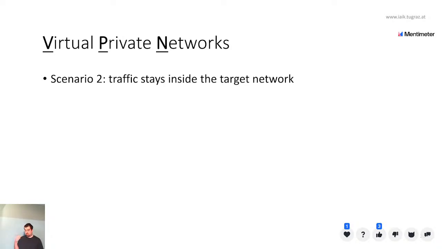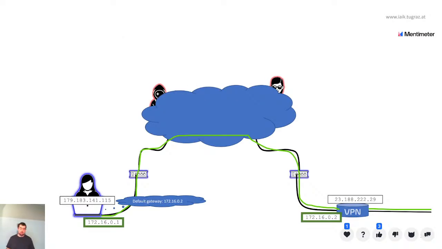But the thing that only makes sense in a business environment is scenario 2, where the traffic that you're sending doesn't actually go back on the internet. Instead, your VPN server is in the same local network environment as your target.